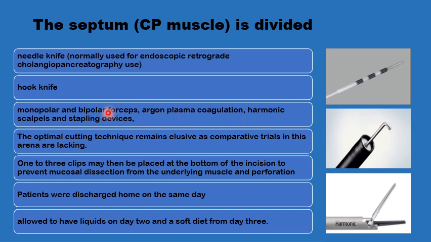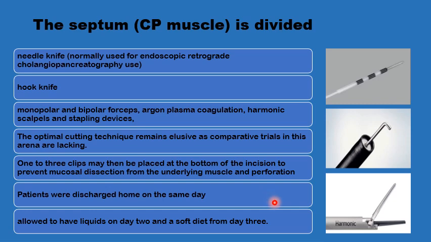It can be divided by bipolar forceps, harmonic scalpel, or it can be divided by stapling devices. There is no solid data to favor any of these techniques over the other because there are no randomized controlled trials. Also, some endoclips can be placed over the incision area to decrease the chance of shearing of the mucosa of the cut edges of the muscles.